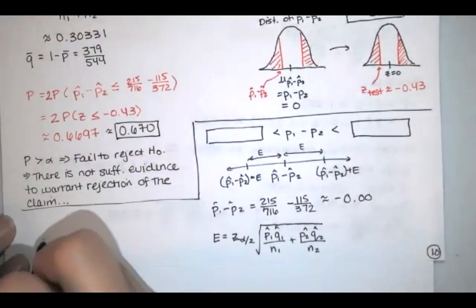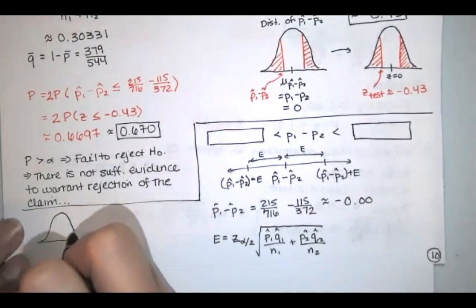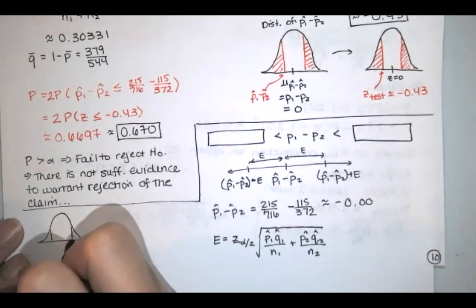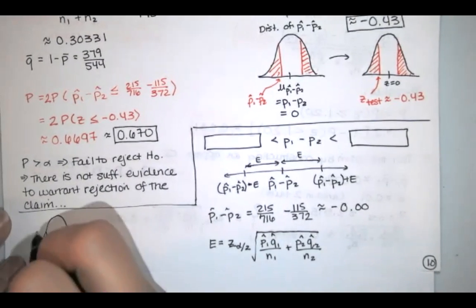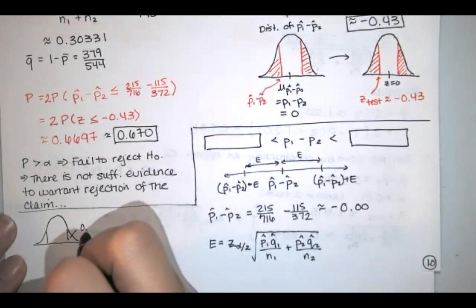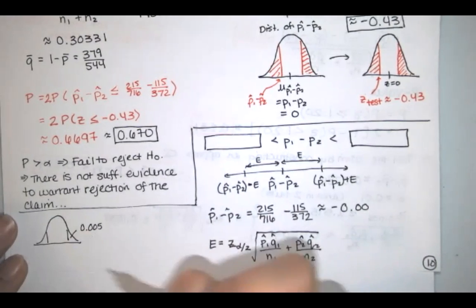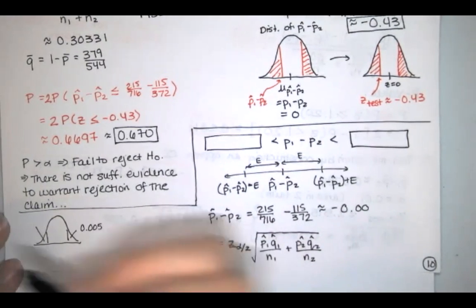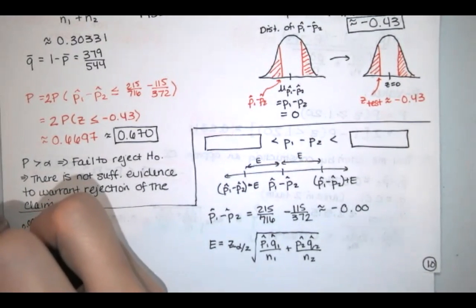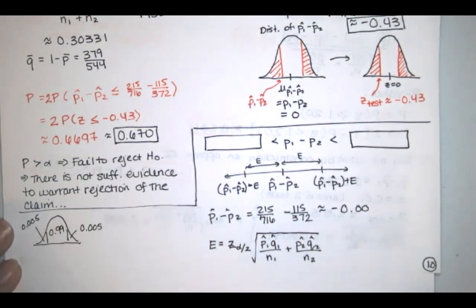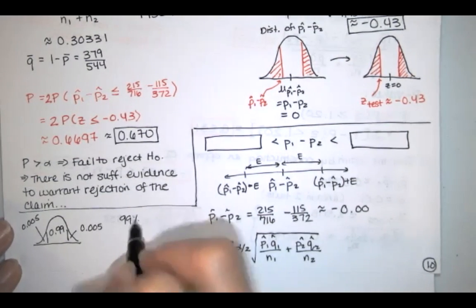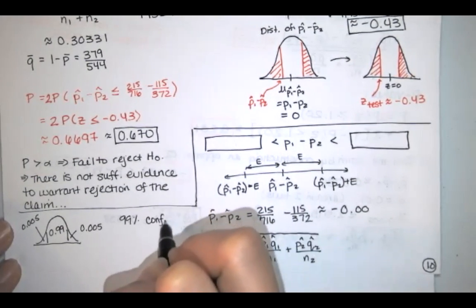So that means the alpha actually is the area in two tails in this case. And alpha was 0.01. So we've got 1% of the area split into two tails. So we're going to have half a percentage point of area over here, and then half of that over there. So you've got 1% in two tails. That means you're going to have 99% of the area in the middle. So this is going to be a 99% confidence interval.